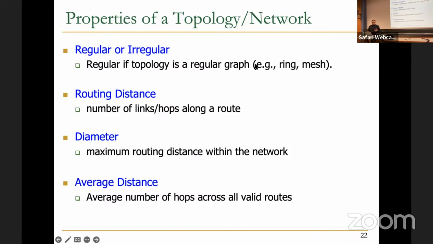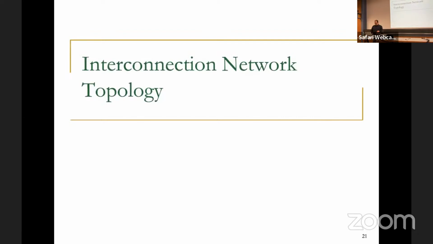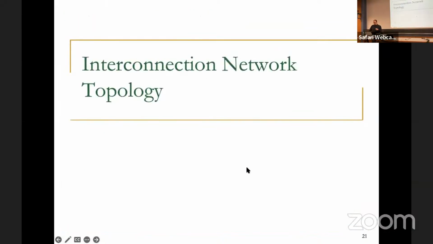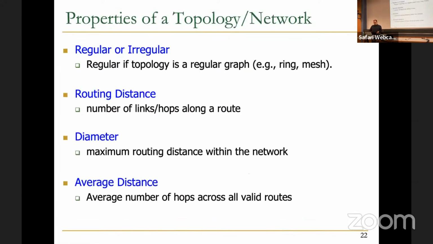Ring is one of them. Mesh is considered one of the regular networks, even though mesh is not completely regular because these nodes have only 2 connections, or this node has 3 connections. But people usually also consider mesh as a regular network.